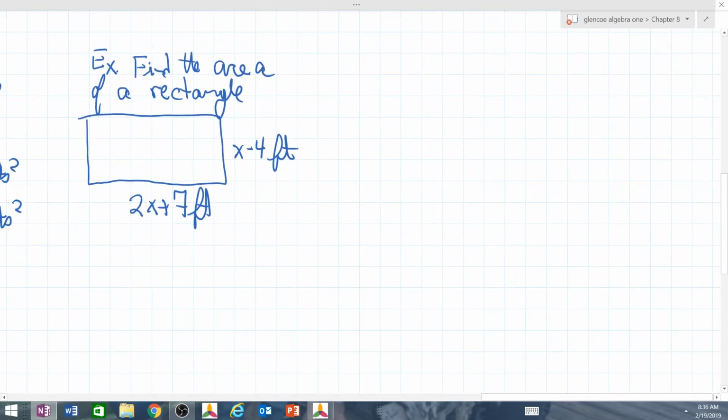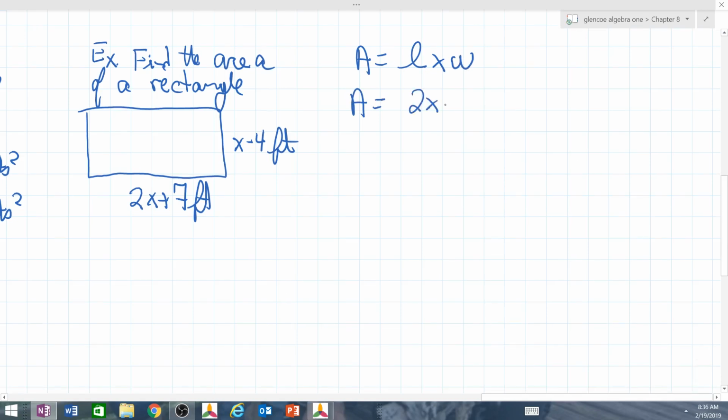The first thing I would expect to see in your work is the formula: area equals length times width. Then we're just going to plug in. So area would equal 2x plus 7 feet times x minus 4 feet, and we know that our answer is going to be in feet squared.